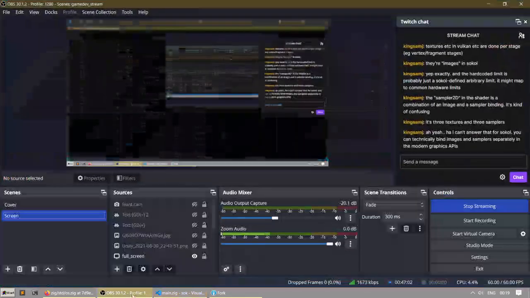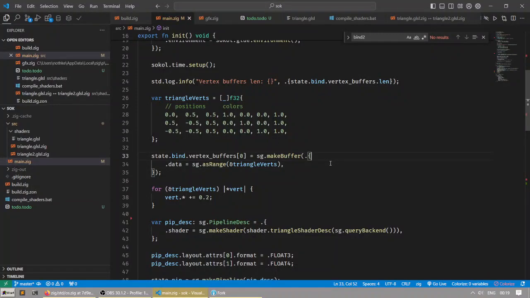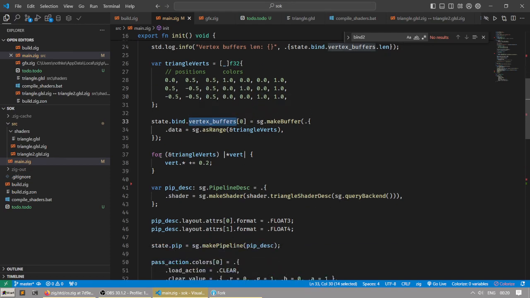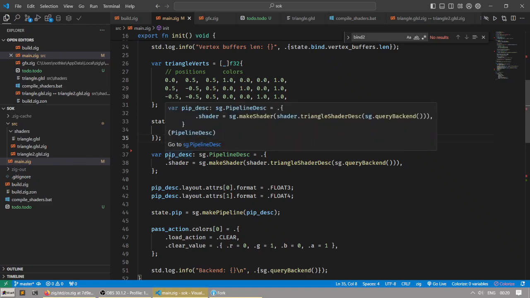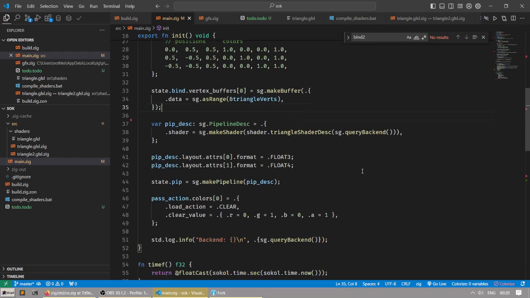Okay, so I had his vertex buffers, and then I actually moved them here, but I don't need to move the vertex buffers because I have only one triangle right now. And then what I do here is I create a shader.